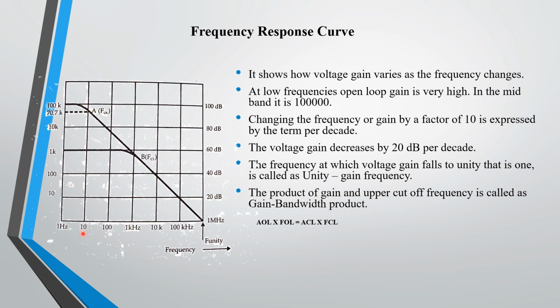There is no lower cutoff frequency for op-amp because the stages are directly coupled. So keep this in mind. Changing the frequency or gain by a factor of 10 is expressed by the term per decade. The voltage gain decreases by 20 dB per decade. This is caused by the compensating capacitor on the IC chip.